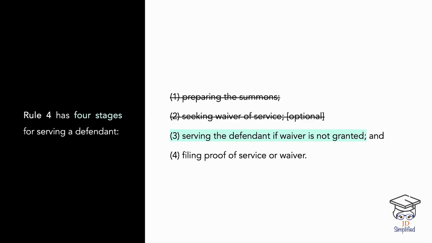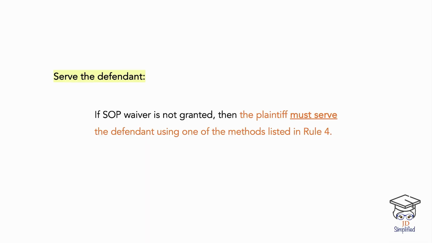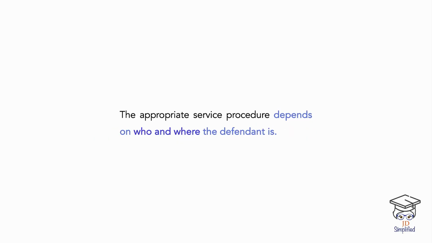Serving the defendant if waiver is not granted. If service of process waiver is not granted, then the plaintiff must serve the defendant using one of the methods listed in Rule 4. The appropriate service procedure depends on who and where the defendant is.